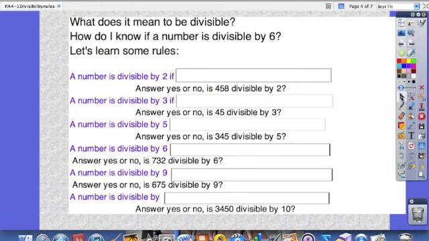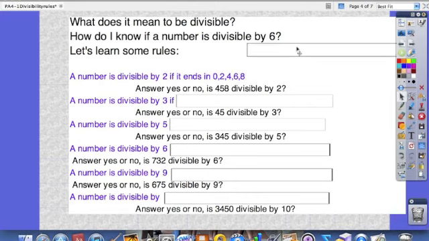The first rule is if a number is divisible by 2. We know a number is divisible by 2 if it ends in 0, 2, 4, 6, or 8. Look at the question. Answer yes or no. Is 458 divisible by 2?